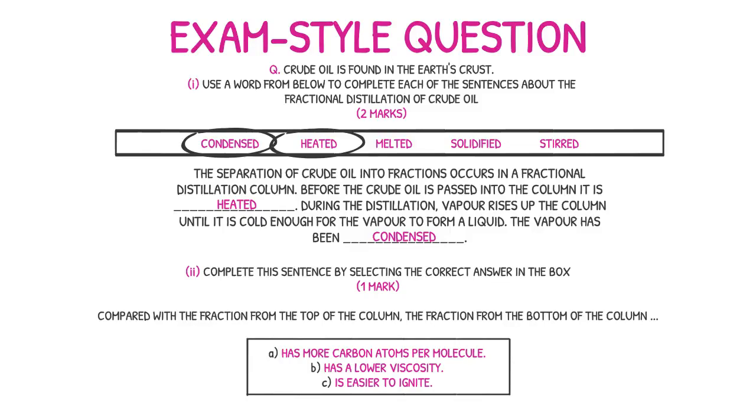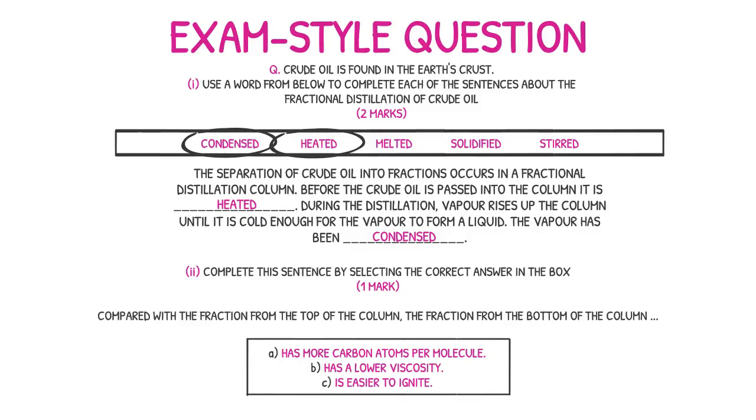And the second part of the question, complete this sentence by selecting the correct answer in the box. Compared with the fraction from the top of the column, the fraction from the bottom of the column... we can answer this question quite easily through process of elimination. We know that, moving up the column, the fractions become easier to ignite, and therefore the option is easier to ignite is not the correct answer here.